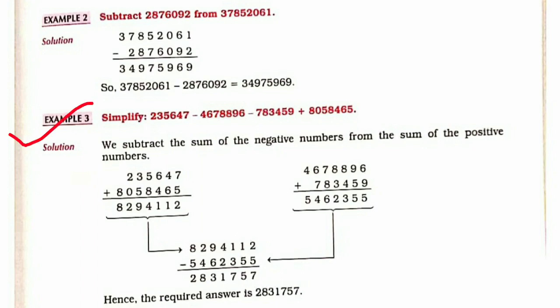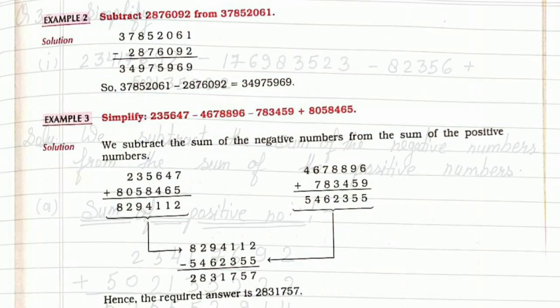The same question is given here. So what we will do, we subtract the sum of negative numbers from the sum of positive numbers. So we add all the positive numbers on one side and add all the negative numbers on the other side, and then subtract the smaller number from the bigger number.